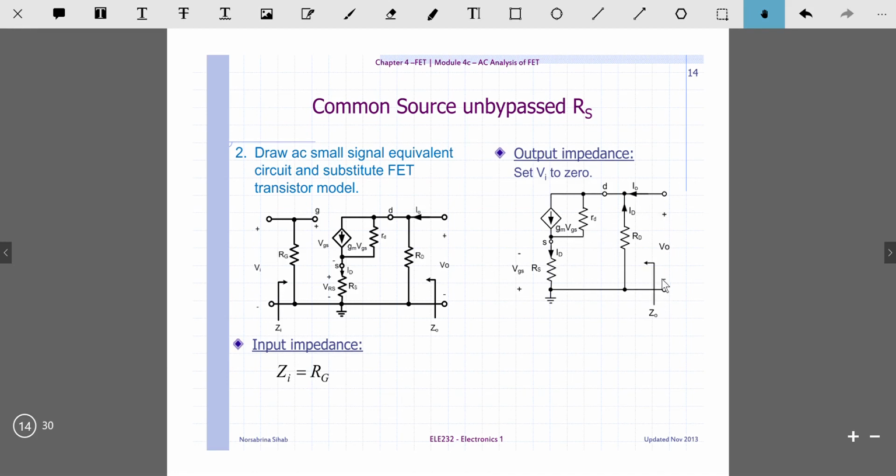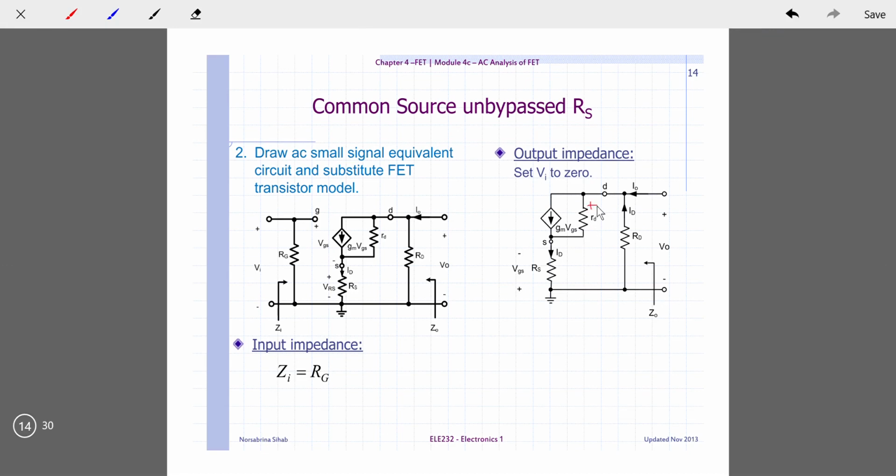Okay, minus V out plus IDRD minus VGS equals 0. Okay, let me do it again. Minus V out plus IDRD. This is actually plus and minus, the polarity here. For the voltage over here, you have to look at this, minus VGS.